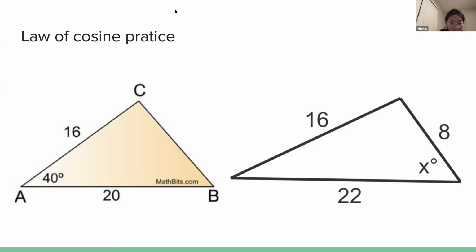In this case, this part is A, this part is B, and this part is C. So we'll use the formula for A, which is A squared equals b squared plus c squared minus 2bc times cosine A. We'll plug the numbers in: b squared is 16 squared, plus c squared, which is 20 squared, minus 2 times 16 times 20, times cosine A.